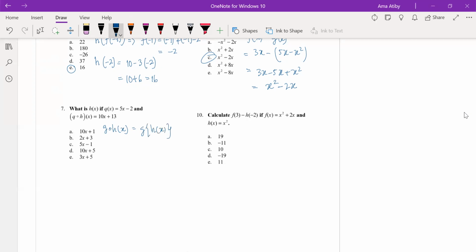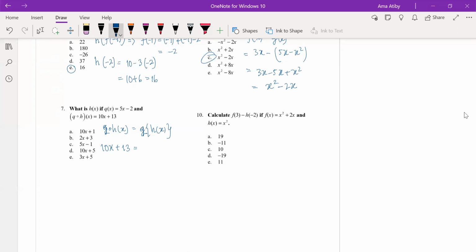We are inserting h into the function of g, and this is given in the question to be equal to 10x plus 13. But sorry, in this case, this is not g, but k. Sorry for this one. It should be the function k, not g.